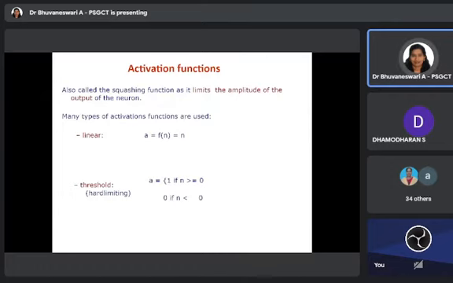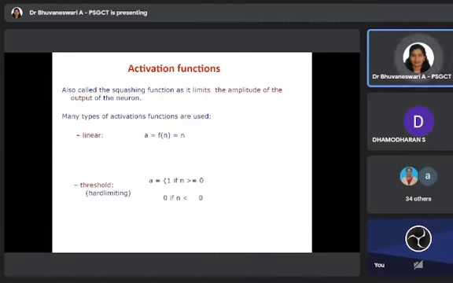There are different types of activation functions. Commonly used are linear, and the primary simple models use the linear function, which is f(n) = n, the output.